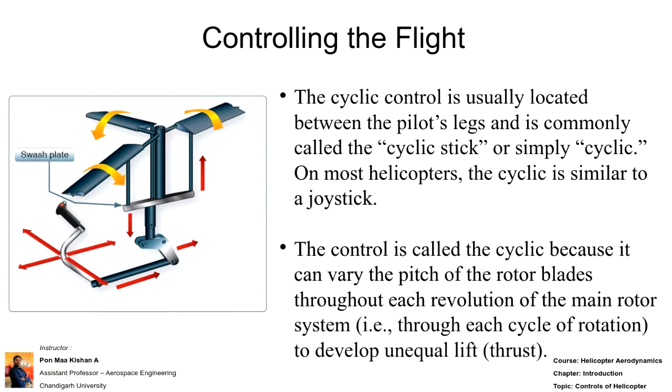Initially, this is the shaft from the power shaft, and these are our rotor blades. When the pilot has pushed this lever forward, there is cyclic control, so our blades will be tilting in this manner.